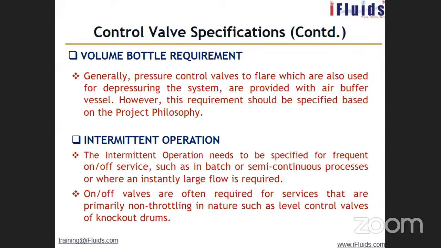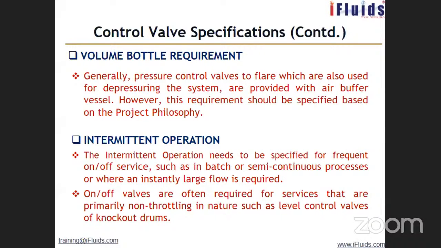On-off valves are often required for services that are primarily non-throttling: shutdown valves, and the level control valves of knockout drums. Okay? The level control valve in a knockout drum will not be continuously in operation, because you all know a vapor or gas stream comes into the knockout vessel with a very small quantity of liquid droplets, which is separated by the demister in the vessel.